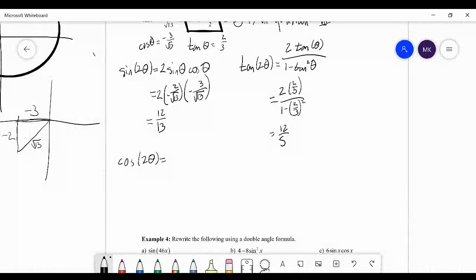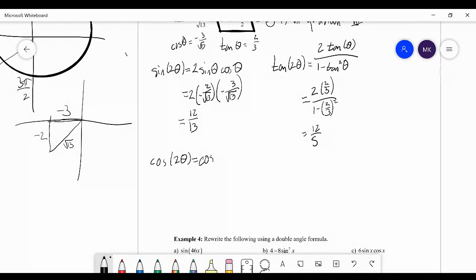So cosine of 2 theta is just going to be, very simply, cosine squared theta minus sine squared theta. Now you may think, hey, since they're squared, that means it's the Pythagorean identity. This is 1, but remember that's sine squared plus cosine squared. Because these are subtraction, that doesn't hold up, and we can't just rely on that.